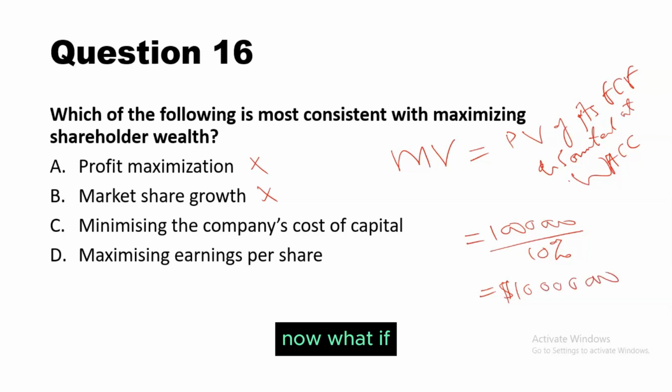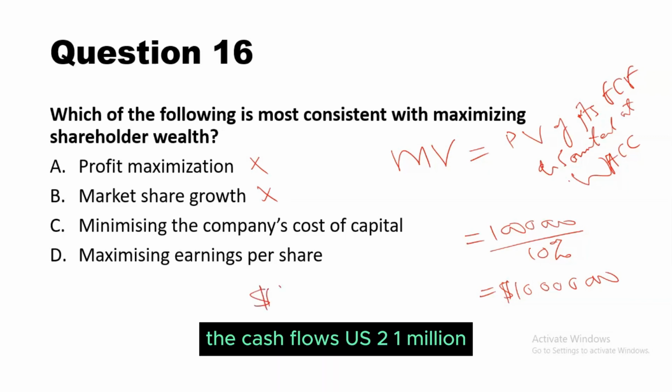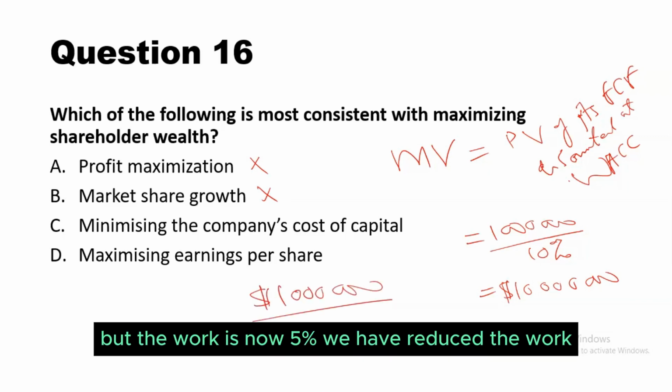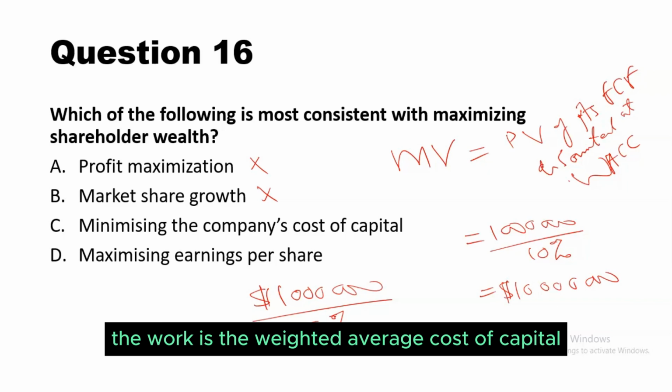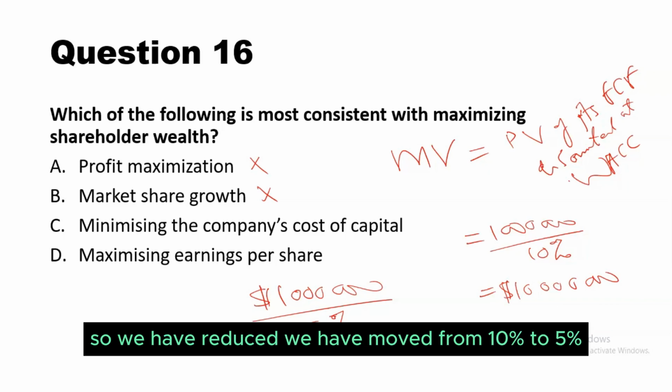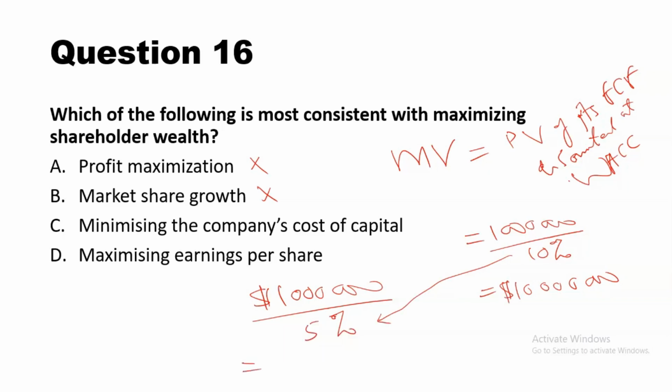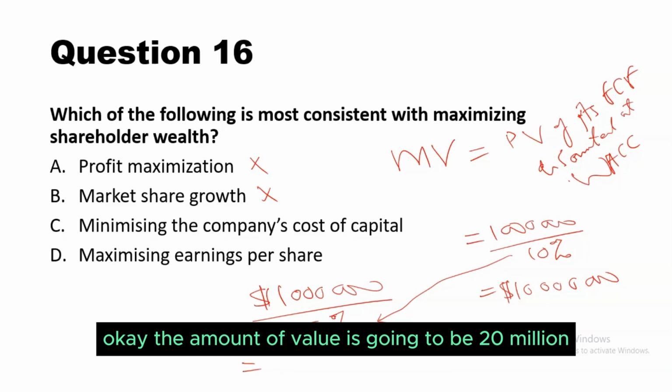Now, what if the cash flows are still 1 million, but the WACC is now 5%? We have reduced the WACC. The WACC is the weighted average cost of capital. So we have moved from 10% to 5%. What is going to be the market value of the company? The market value is going to be 20 million.